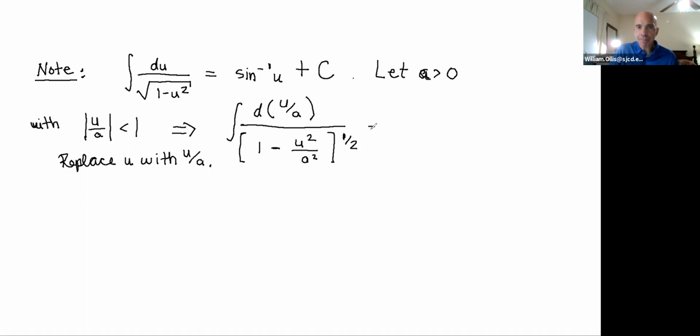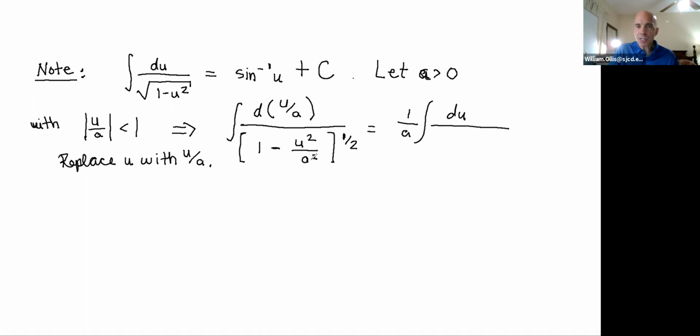Now, the differential here, again, is going to be easy. We have the constant 1/a, so that's just going to come outside. We can go ahead and pull it out. That's going to be 1/a, and this will be du.